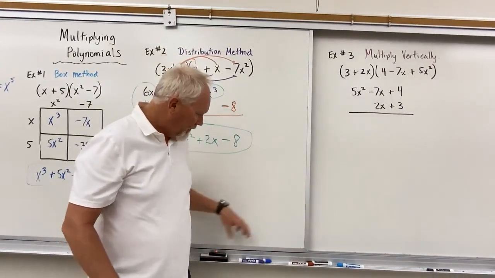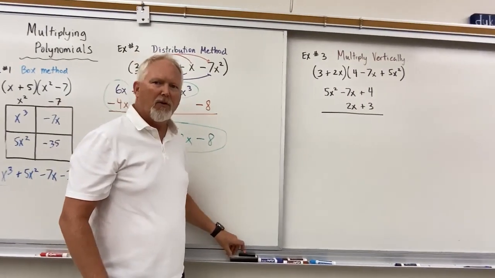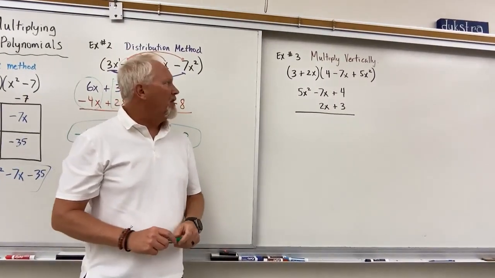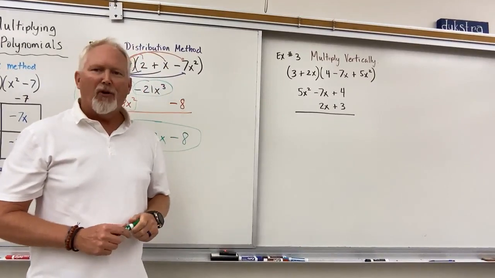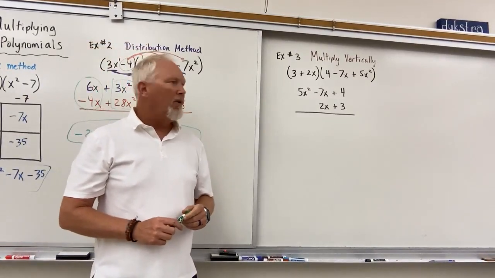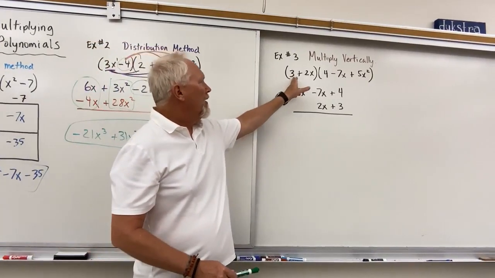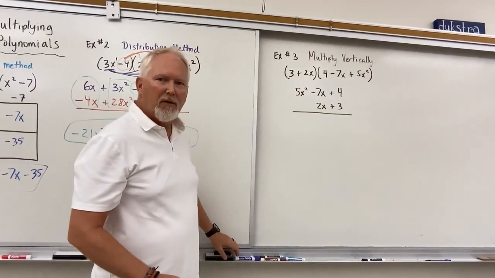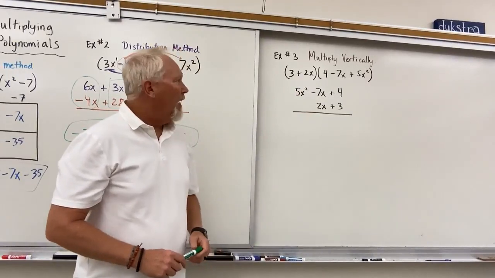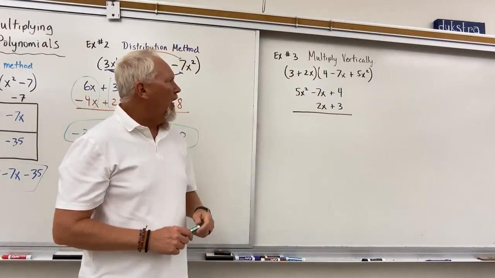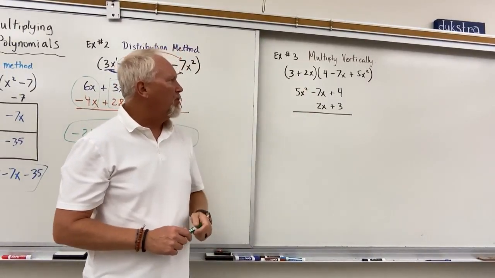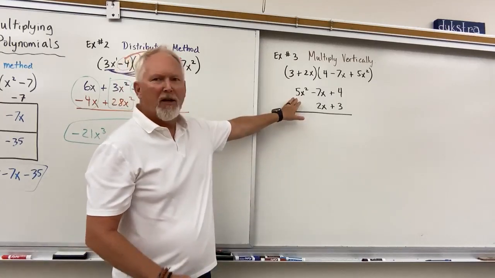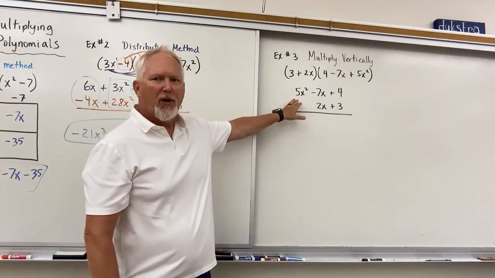And let's see if we can scoot over this way a little bit. And that is the multiply vertically method. All right, so when we multiply vertically, we have 3 plus 2x times 4 minus 7x plus 5x squared. Now what I've done is I've set it up so they're each in standard form.